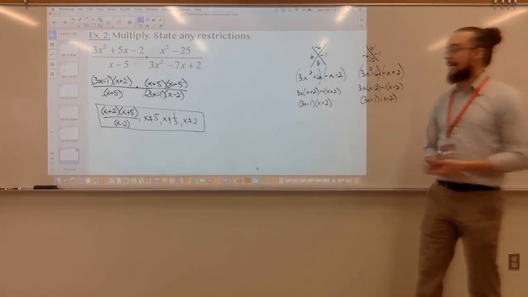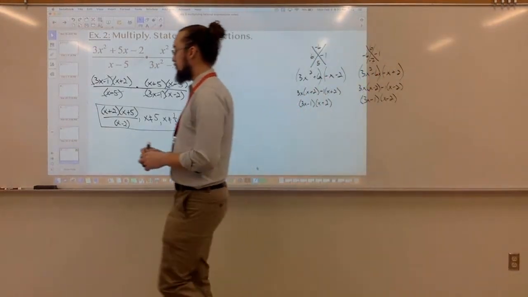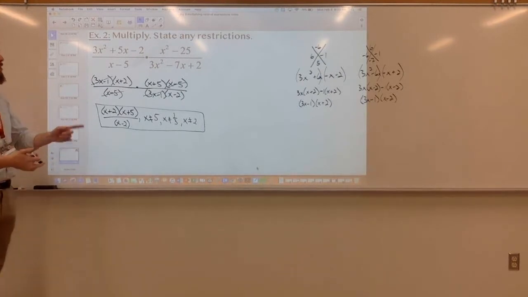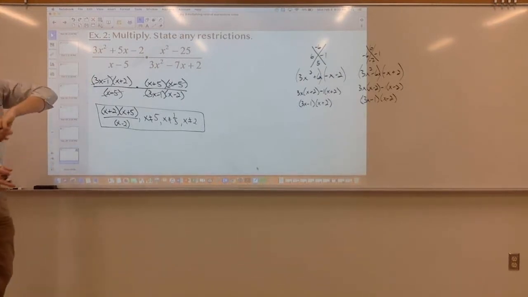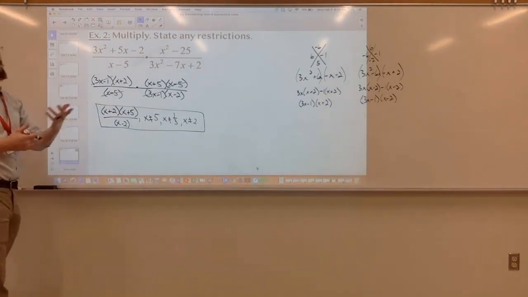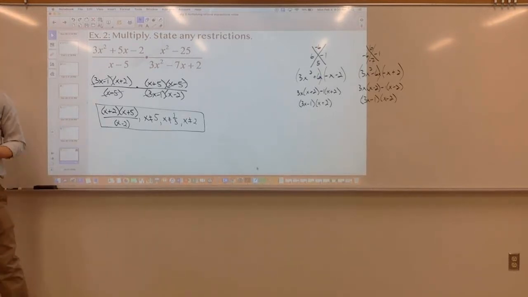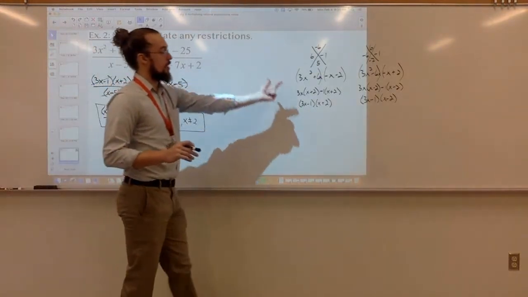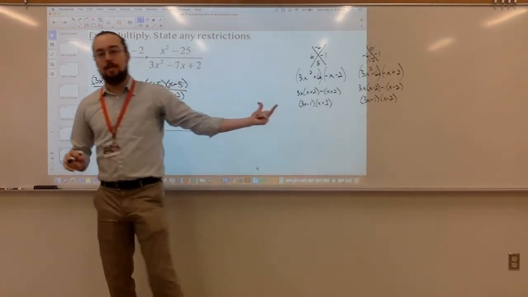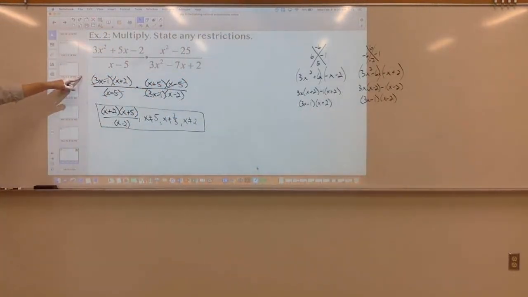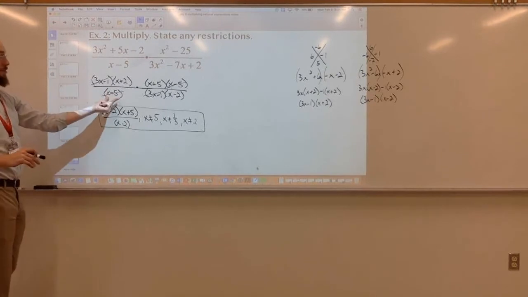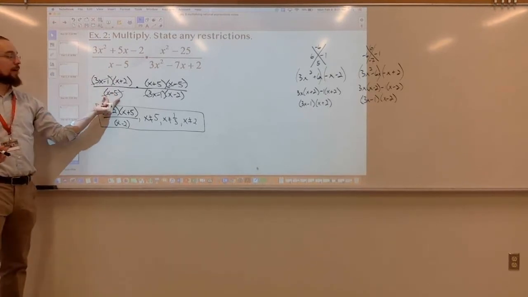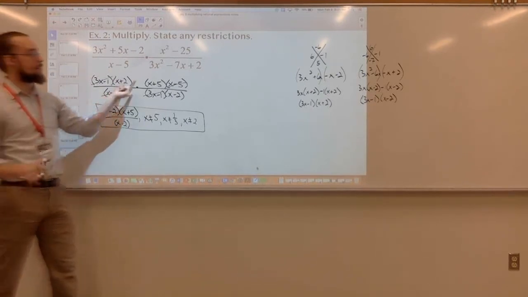All right, so let's take a look at this one up here. I needed to x factor this top left polynomial, and I needed to factor by grouping here. And when I did that, I came up with 3x minus 1 times x plus 2. Then this one is just a single factor, x minus 5, so I left that by itself.